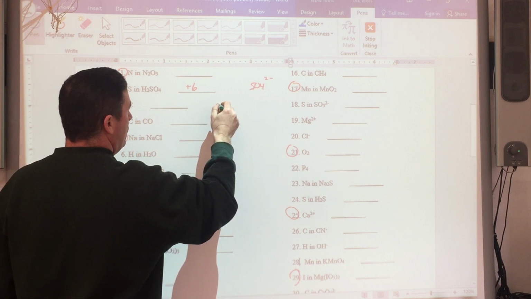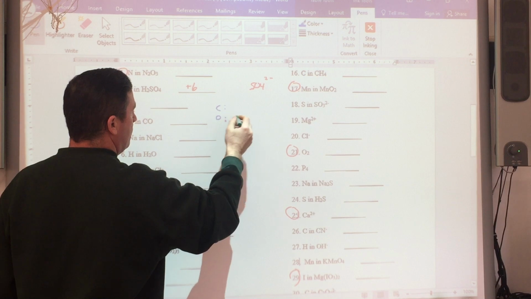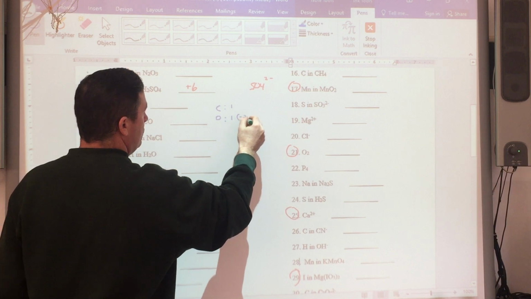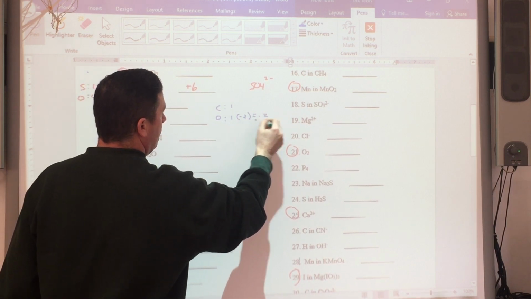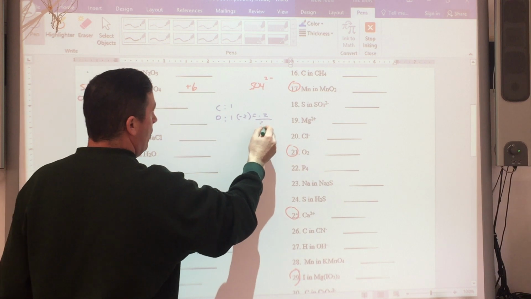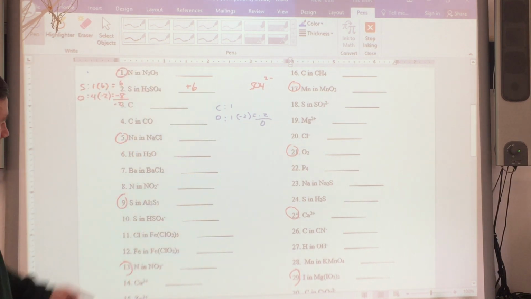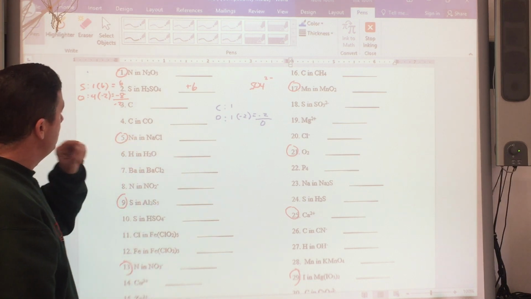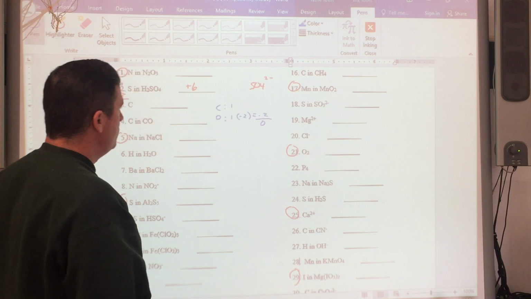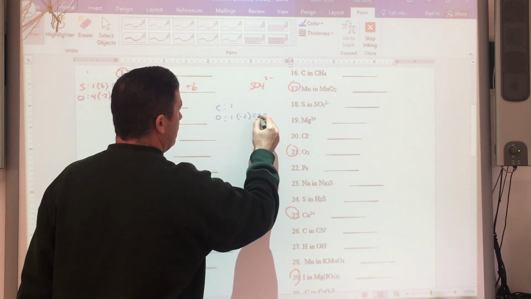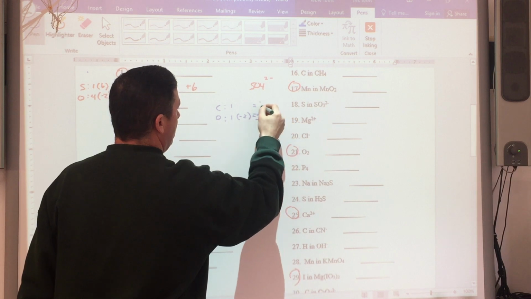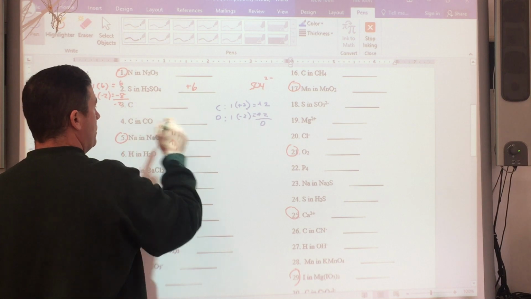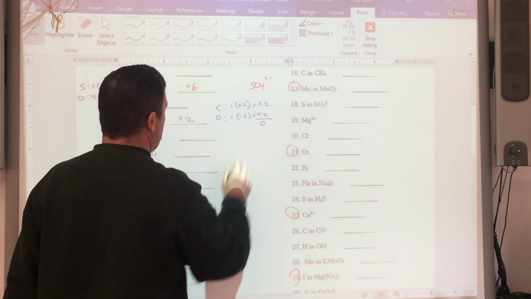So I've got carbon, I've got oxygen. I've got 1 of each. Oxygen I know is -2. My total here is going to be 0 because there's no charge. Look at the ones that do have charge. That's a -1, that's a -1, -1. Here's a +2. Okay? So if this is -2, this has to be +2. So that means that carbon here is +2. They cancel each other out.